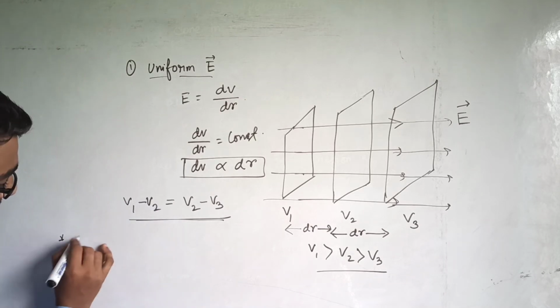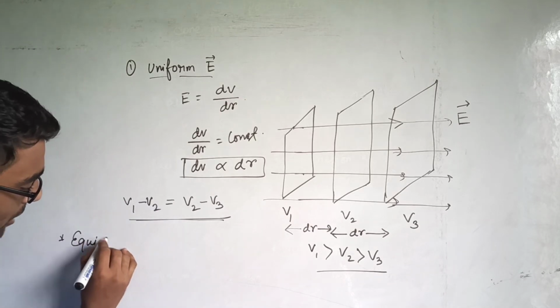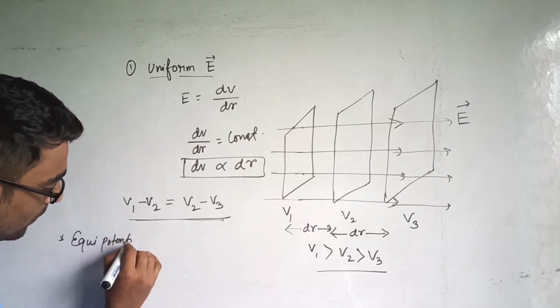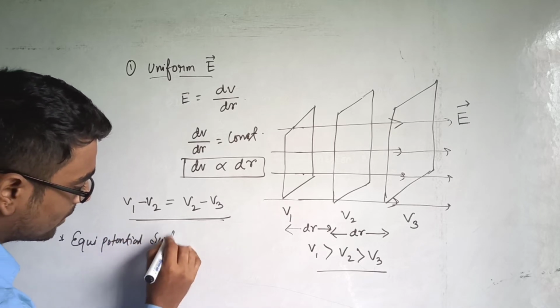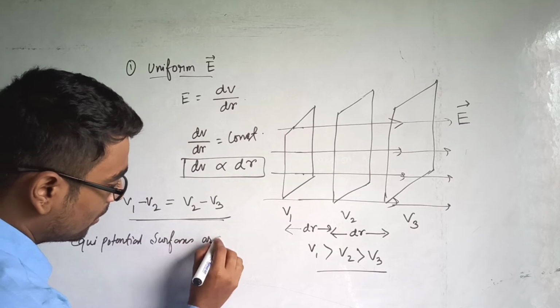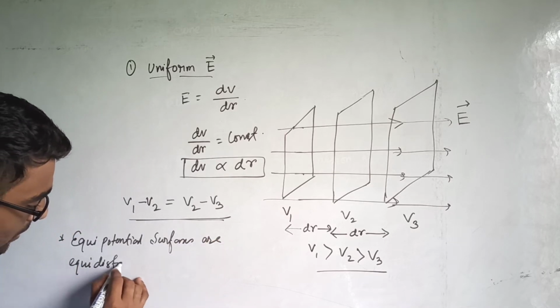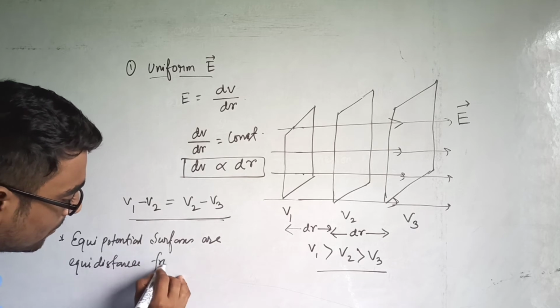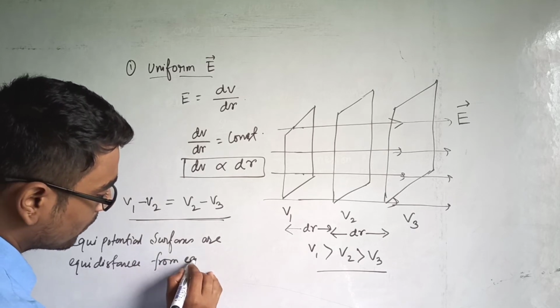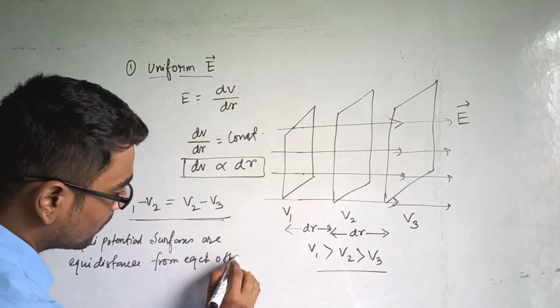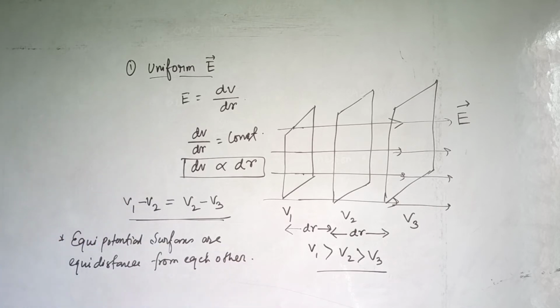So we should write: equipotential surfaces are equidistant from each other.